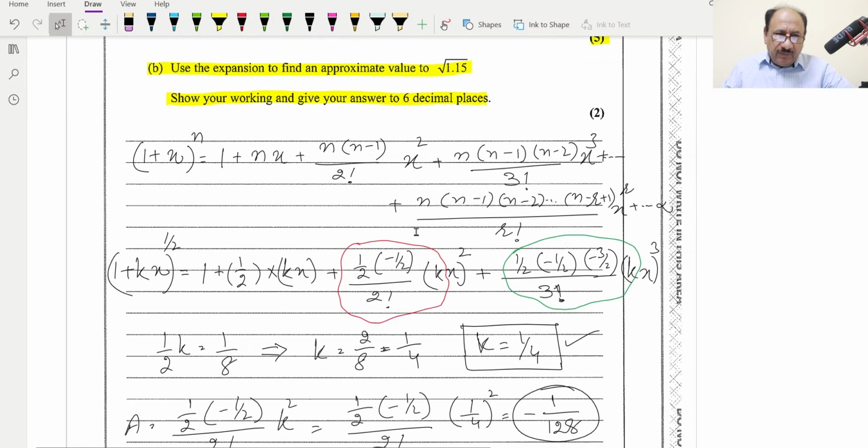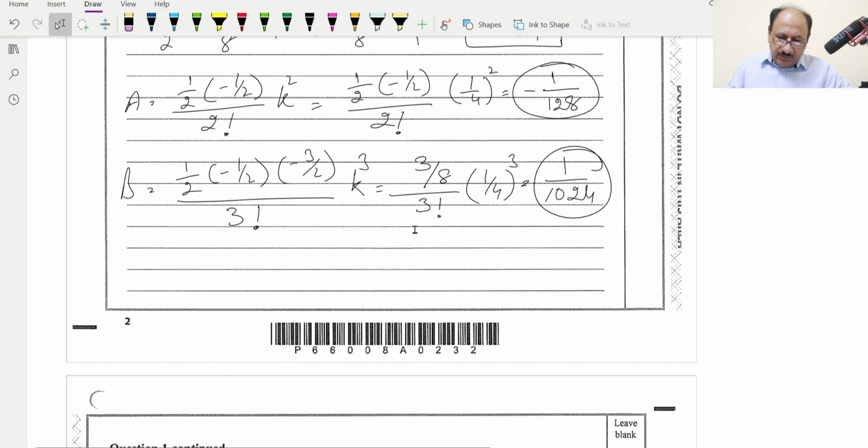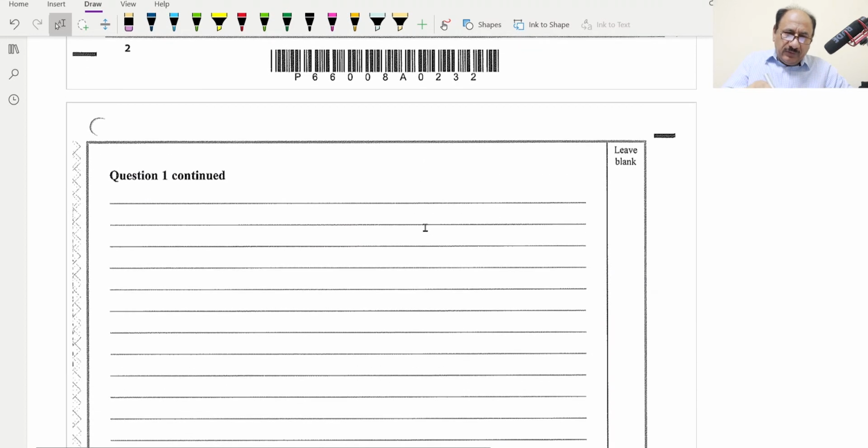So what we have to do, basically we will take 1 plus kx. So the b part we can start over here.